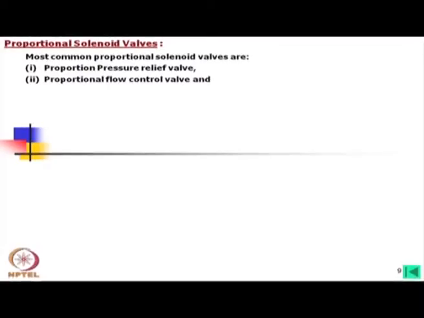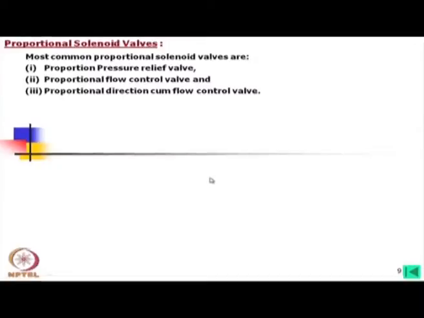Secondly, the proportional flow control valve, and thirdly the proportional direction cum flow control valve. What is proportional direction control? That is, we are controlling the direction with a controlled flow, in some proportion, not the full flow.